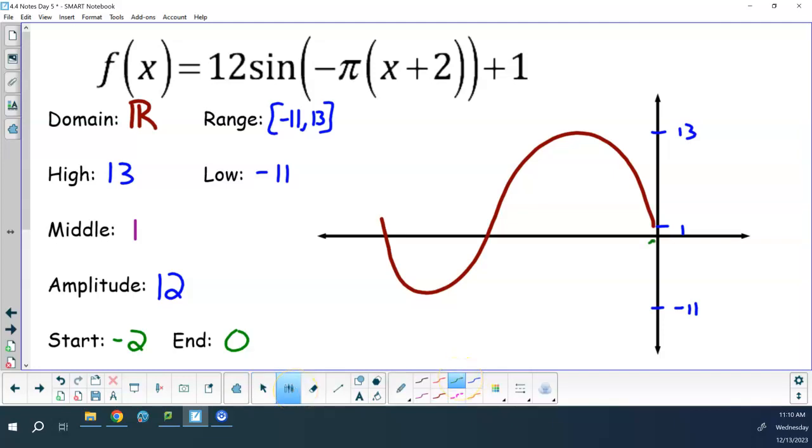Horizontally, this is 0. 2 would be on that side. Halfway would be -1. Questions, comments, concerns, clarifications.